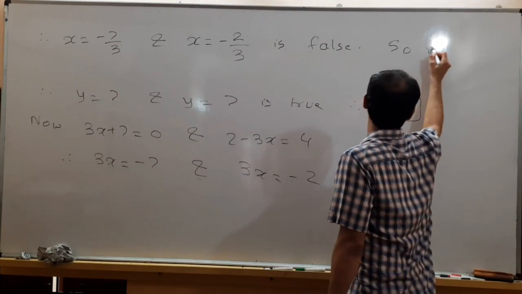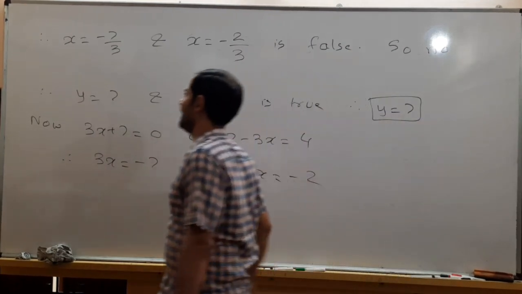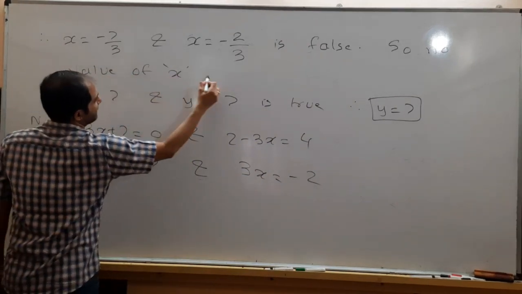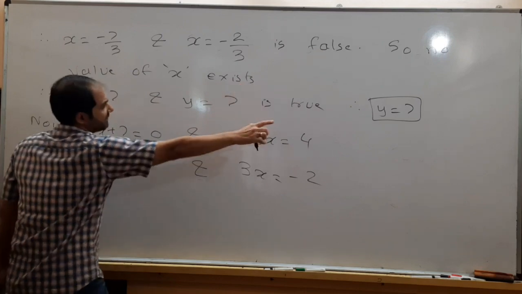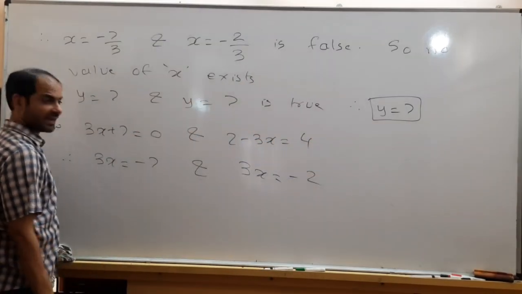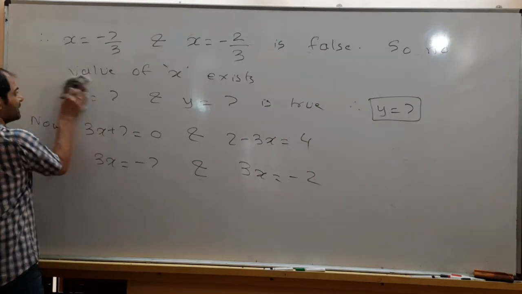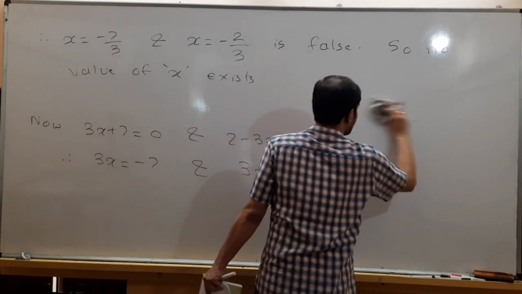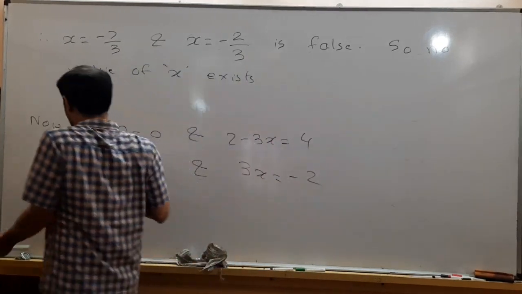So no value of x exists here. Even if we find y is equal to 7, we cannot get the value of x. So I come to the conclusion that it is not possible to find x and y. That is option number 2.